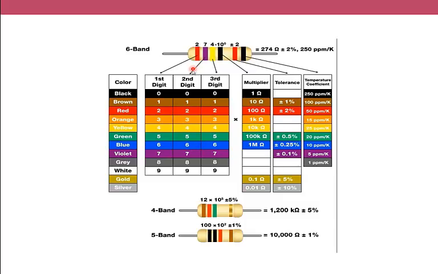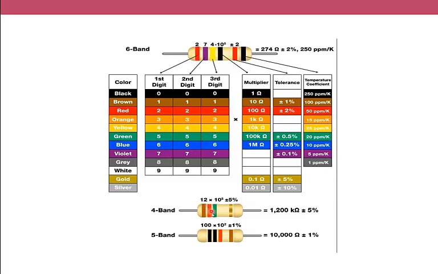The second digit is 7, so we write 7. The third digit is yellow, which is 4. After that we have black. Black is a multiplier, which here means multiplying by 10 to the power 0. So the resistance is 274 ohm. And this band indicates the tolerance. It is red, so the tolerance is plus or minus 2%.